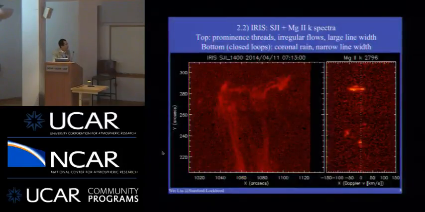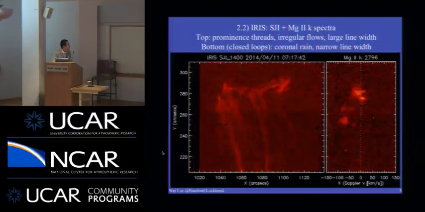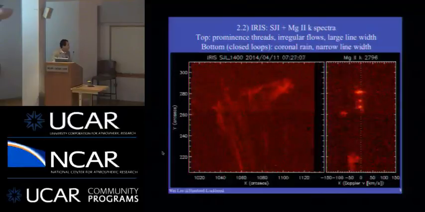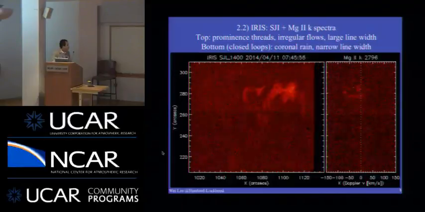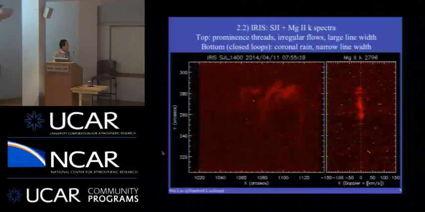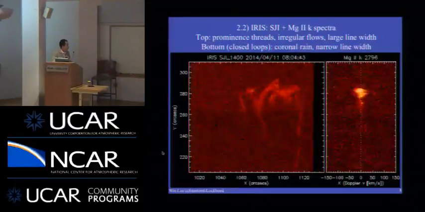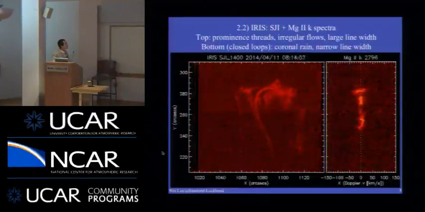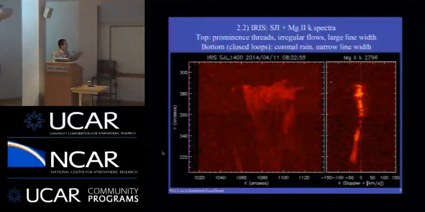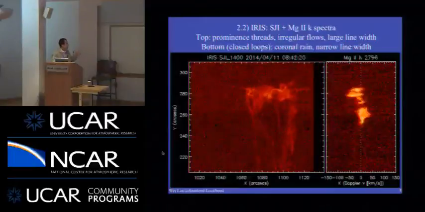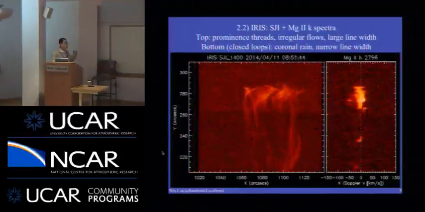Let's turn our attention to what IRIS sees. Here's an IRIS raster scan, slit-jaw in 1400 silicon IV, and this is the spectrum from the magnesium II k line. The top portion shows very irregular flows, sloshing back and forth, and sometimes tumbling flows.